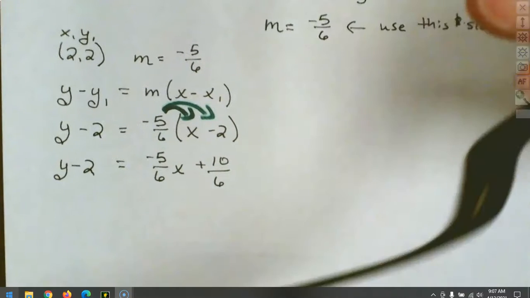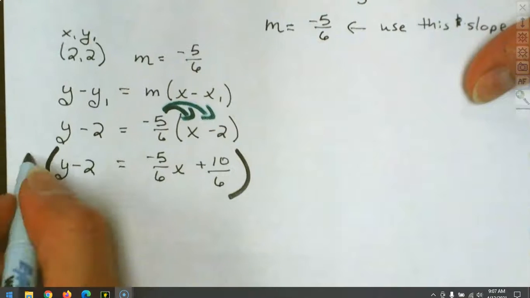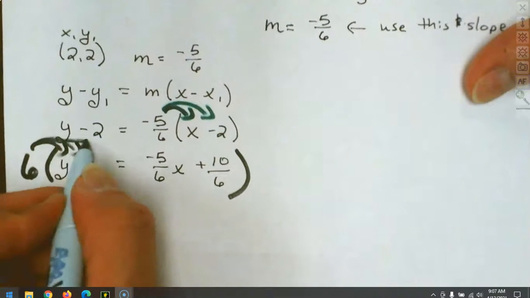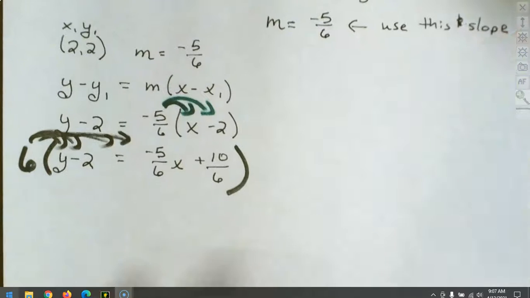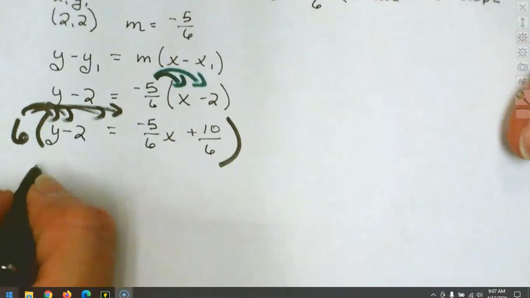And let's get it in standard form first. So clear out your fractions. Multiply everything by that 6 there. And that's where students make a mistake, because they might forget one of the pieces. So make sure everything gets multiplied by that 6.